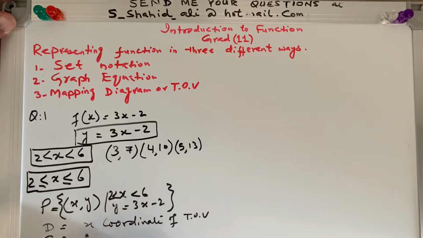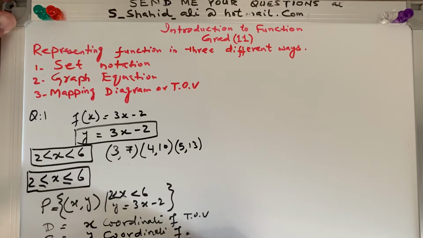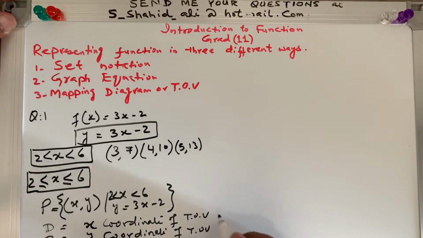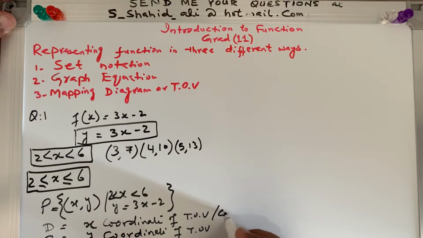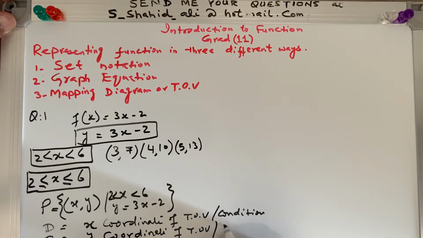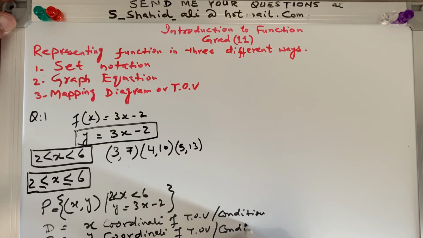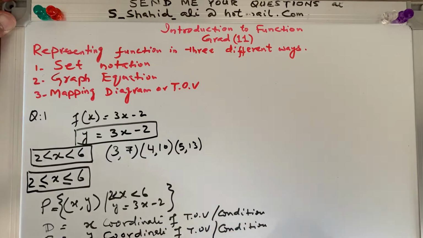Or whatever condition exists on x, that is in the domain, and whatever is in range, that is the y coordinate. Or whatever condition exists, right? So we have to describe that condition, right?